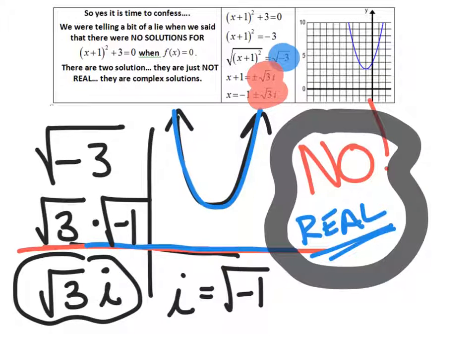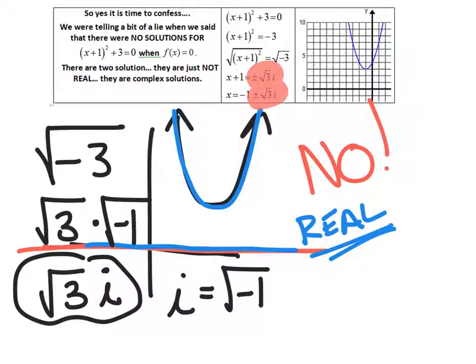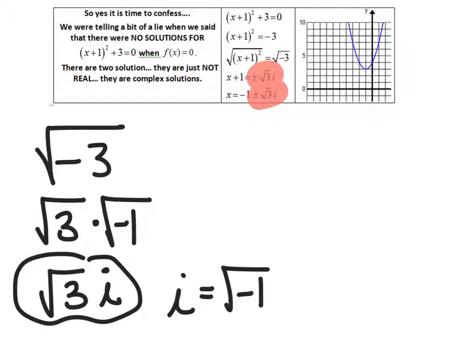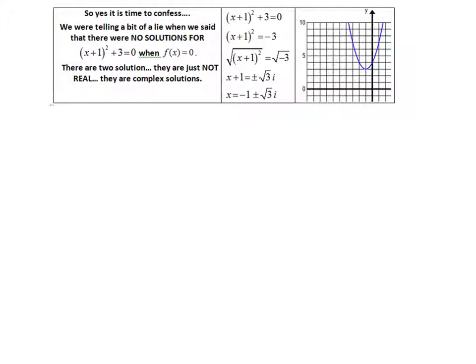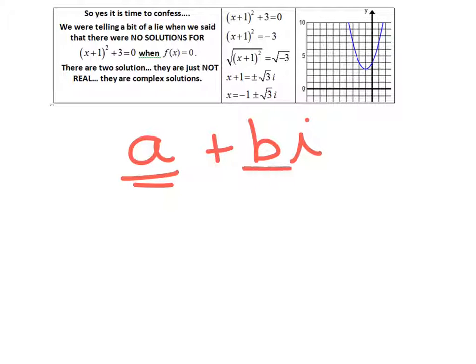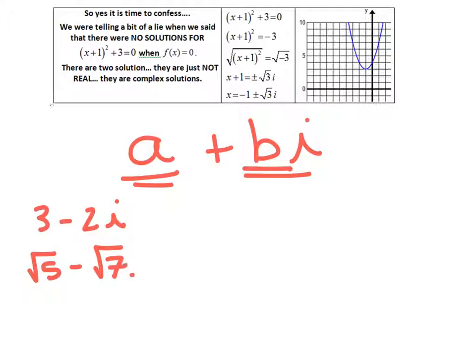The other thing, as we mentioned previously, is that a complex number has two portions to it, an a and a bi. This part is like your real number, and this part is your imaginary. So, 3 minus 2i, or the square root of 5 minus the square root of 7 times i.